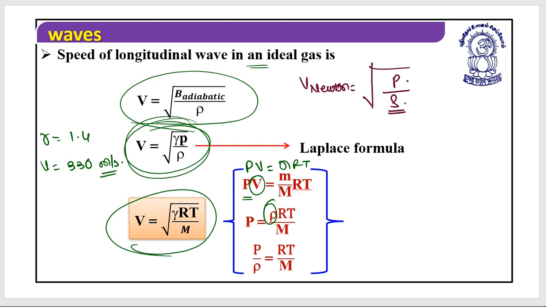We know it is the incorrect one, but if they have specifically asked for the formula as given by Newton, we need to provide whatever has been asked. So this is v equals the square root of P by rho, given by Newton, and we are going to provide this only. I hope this is clear.